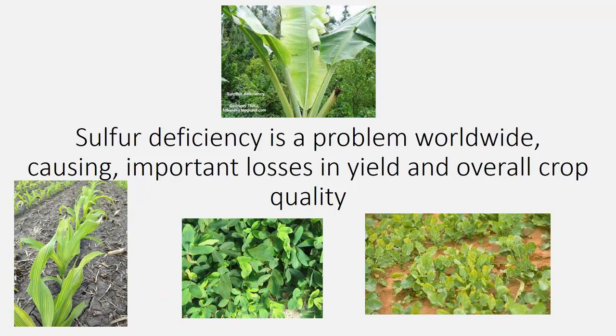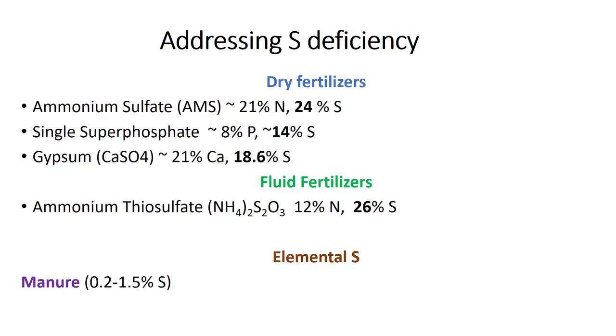There have been reports from all over the world of how sulfur deficiency may affect crop productivity. So now we're trying to address sulfur deficiency. And how do we address it? By applying sulfur-containing fertilizer, such as dry fertilizer, fluid fertilizer, elemental sulfur, or through manure application, especially in organic farming.